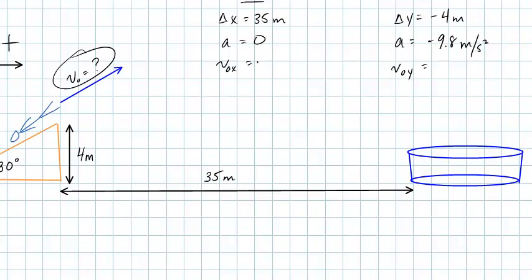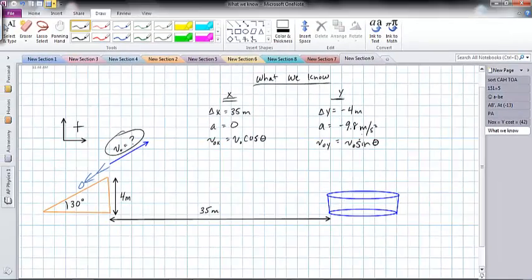But what I can do, of course, is say that once I figure it out, I could do this calculation, v cos theta for the x component and v sine theta for the y component.